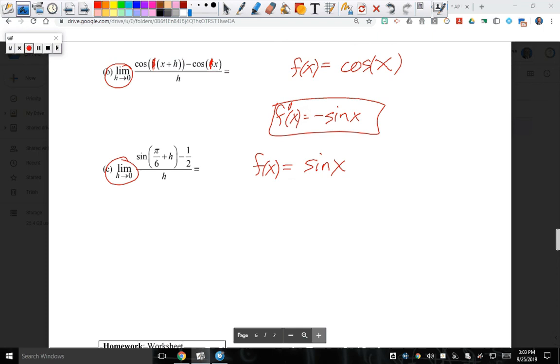Here we go. This is like sine of x plus h minus sine of x all over h as h is approaching 0. But then you're looking at this, you're like, wait, what? How is this that?